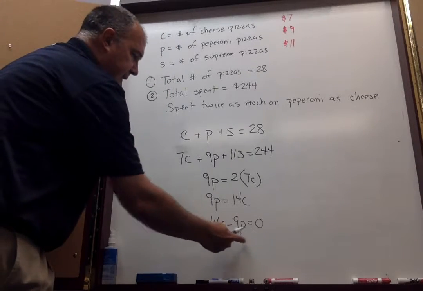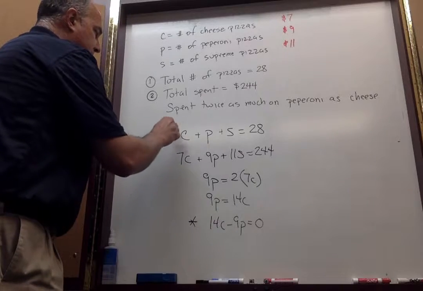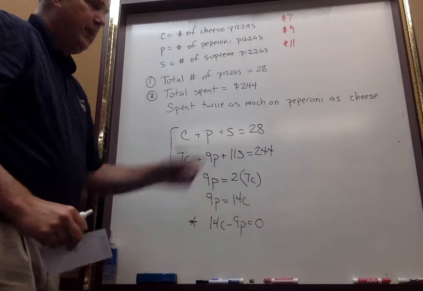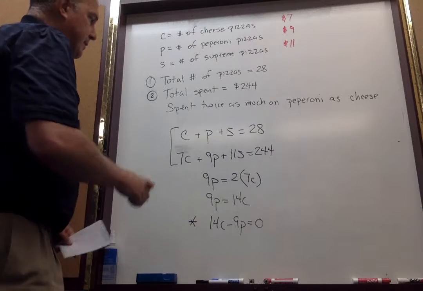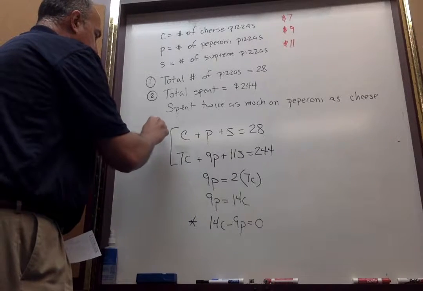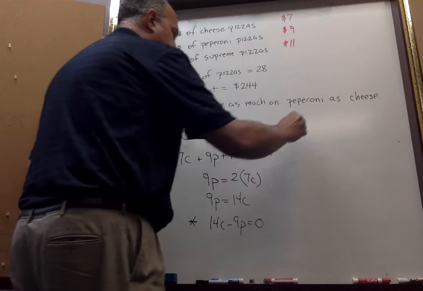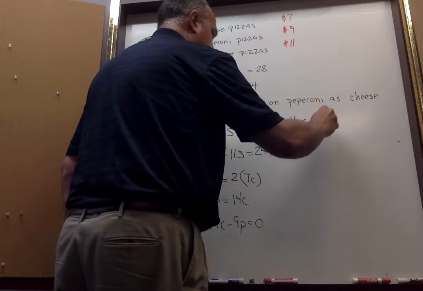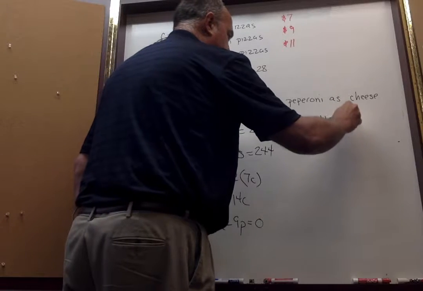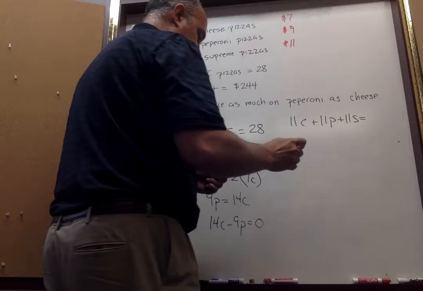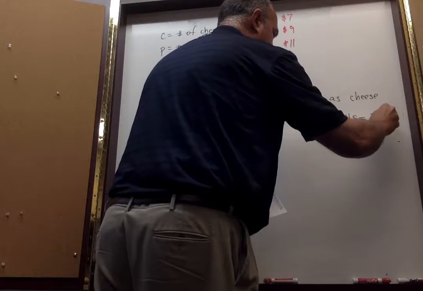Since this equation has C's and P's in it, I'm going to take these two equations and eliminate the S. That way I'll have two equations with C's and P's. To do that, I'm going to multiply this first equation by 11. That gives us 11C plus 11P plus 11S is equal to 308.